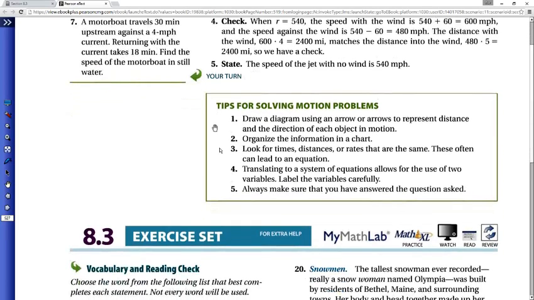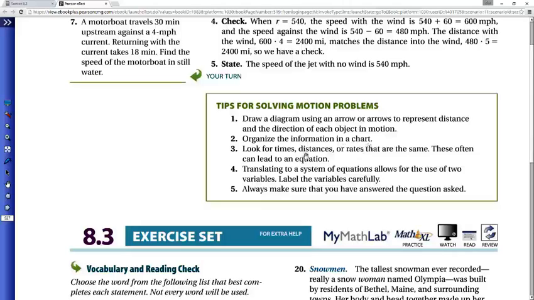This is a very good set of tips, right? With word problems, always first thing: if you can draw a picture of any kind of math problem, that's usually the first thing you should do. So it says draw a diagram using an arrow or arrows to represent distance and direction, basically of each object in motion. Two, organize the information in a chart.